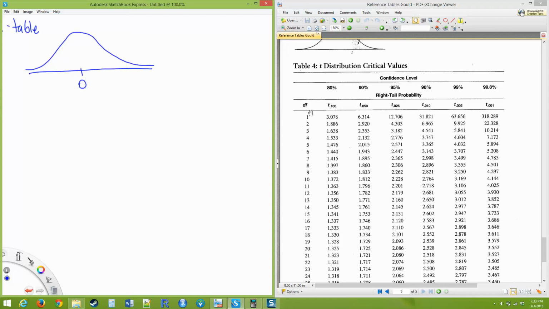So on your table, find the row that says df equal to 5. The very first number that appears is 1.476. So the very first number that shows up in 5 degrees of freedom is 1.476. And the top of the column says t.100, so t.1.